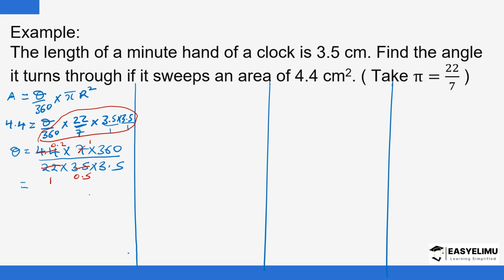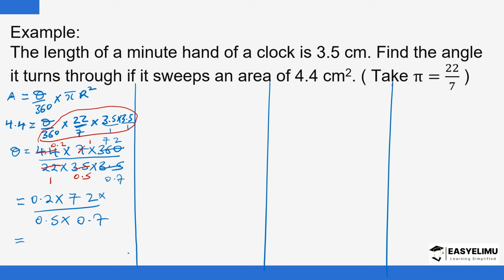What else is there? 5 goes into 0.5 and into 35 giving 0.7 and into 360 giving 72. And so now we have 0.2 times 72 over 0.5 times 0.7.